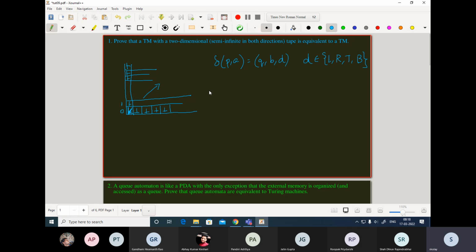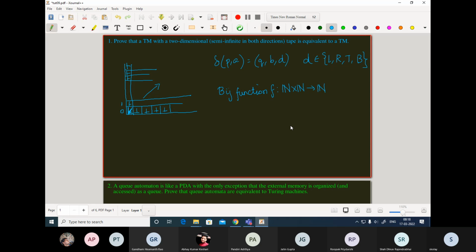So, suppose I can give a bijective function f from n cross n to n. Then will I be done? Yes, ma'am.